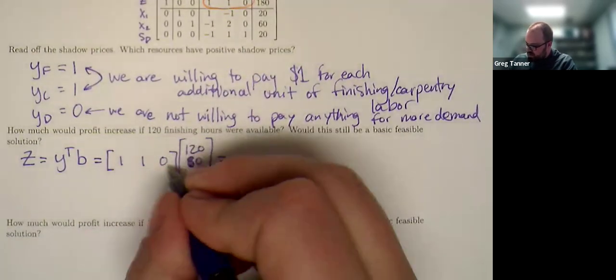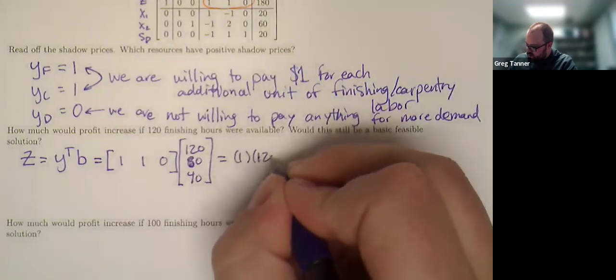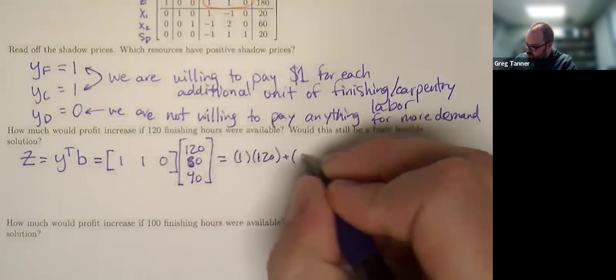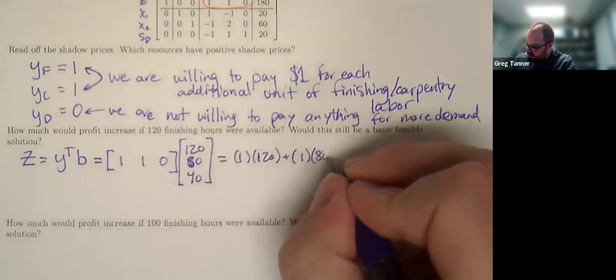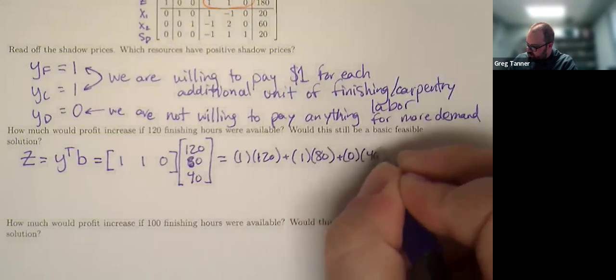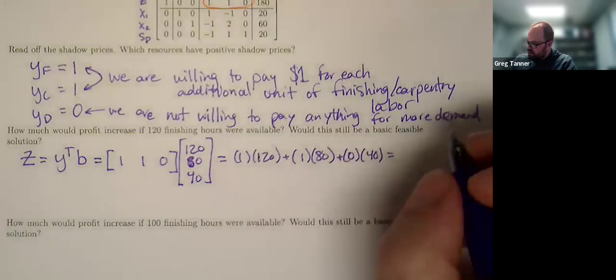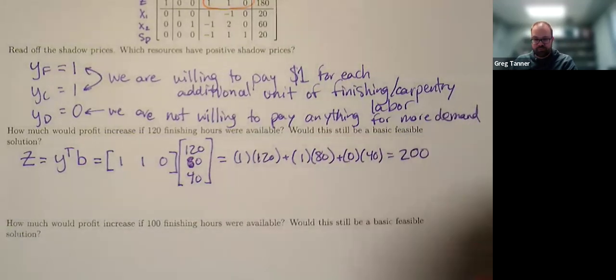Essentially I take this row times this column. So I get 1 times 120 plus 1 times 80 plus 0 times 40. And I get a value of 120 plus 80, which is 200.